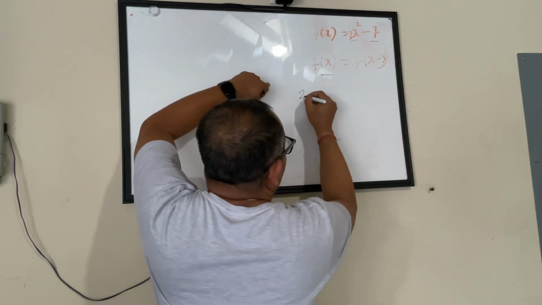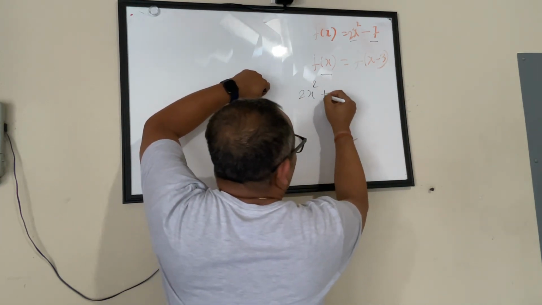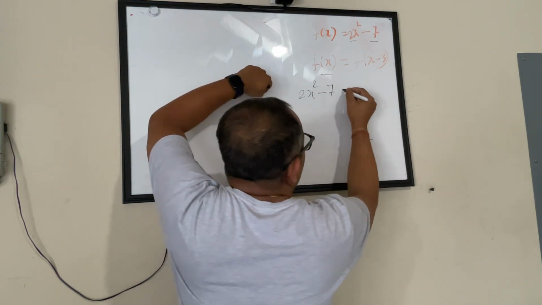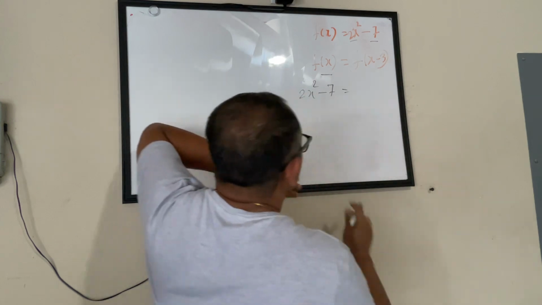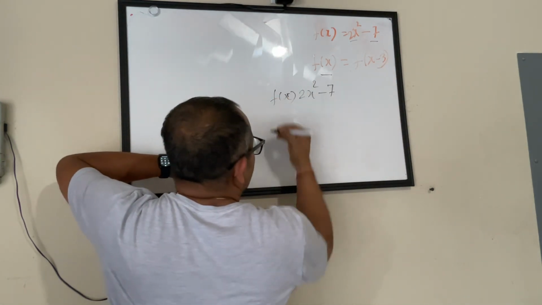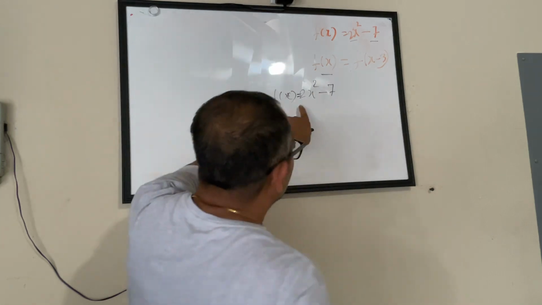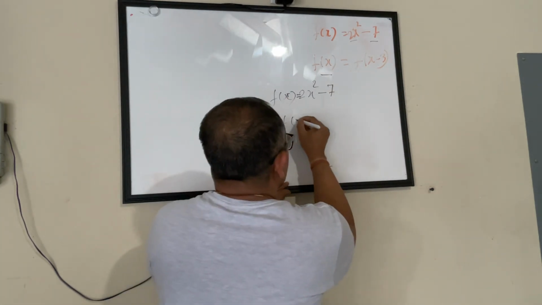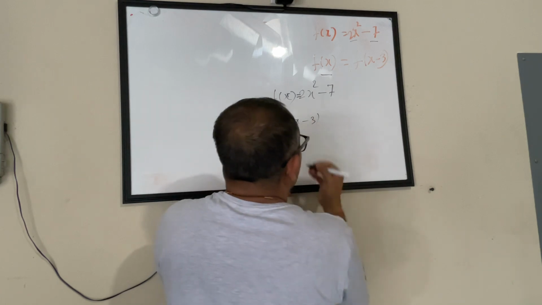So first one is f(x). I will write it as is. Function of x equals this. So first one I got. Now what is the second one? Function of x minus 3. This is what we are trying to find out.